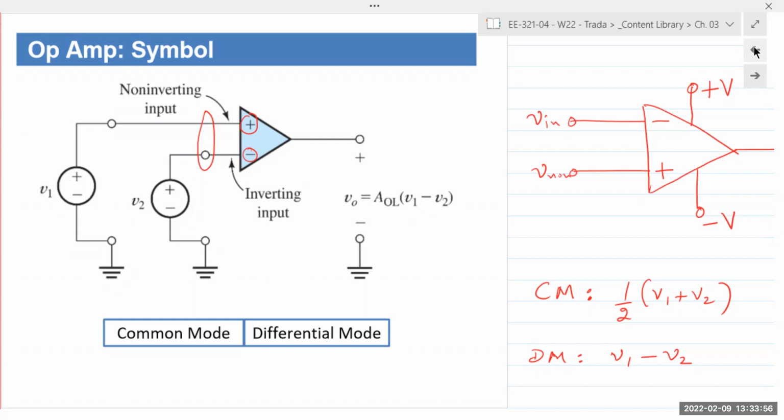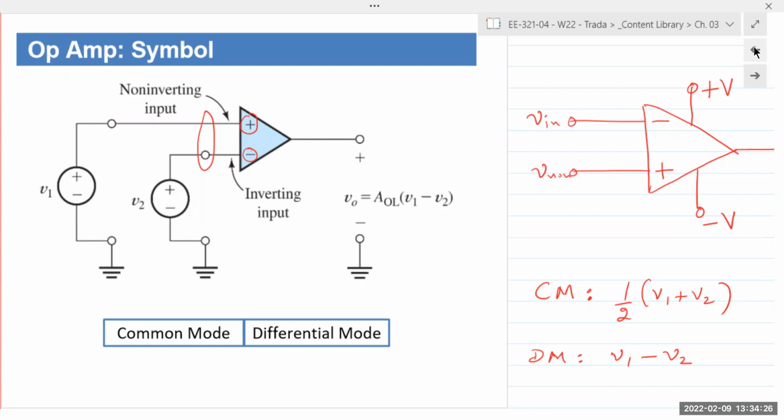But basically, the op-amp has an inherent property. If signals are common to both terminals, we say it's a common mode signal. If they're different at both terminals, then it's the differential mode. And the op-amp's inherent property, no matter what kind of op-amp it is, is that an ideal op-amp has zero gain for common mode signals and infinite gain for a differential mode signal.